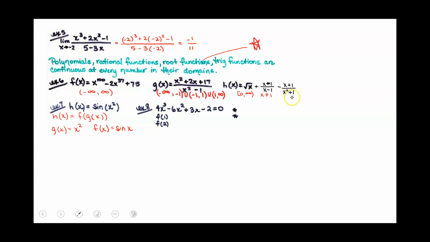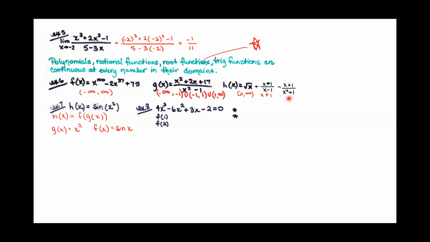All right, and then this last piece, again, rational function, denominator can't equal 0. But if you set x squared plus 1 equal to 0, you move the 1 to the other side, you'll have x squared is equal to negative 1. Take the square root of both sides and you get imaginaries. So the only thing that we would have to exclude is imaginary values.